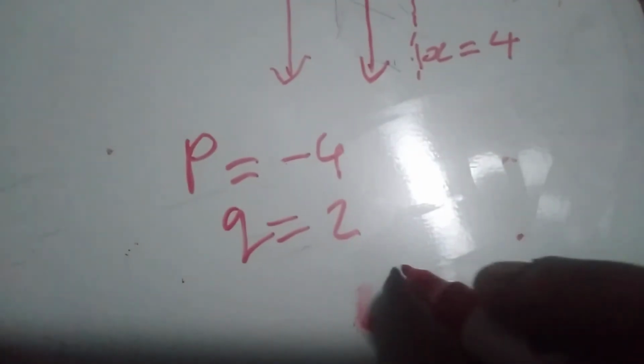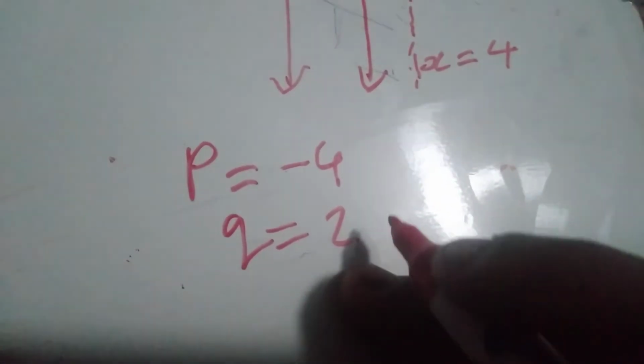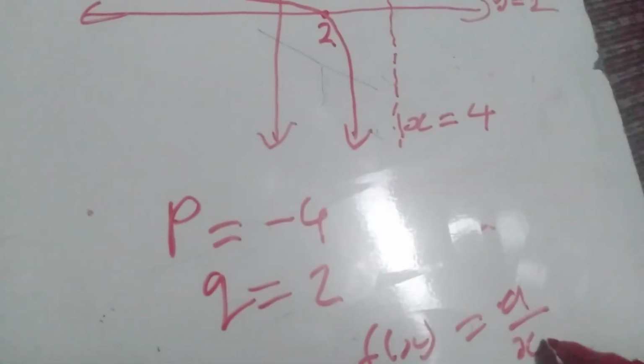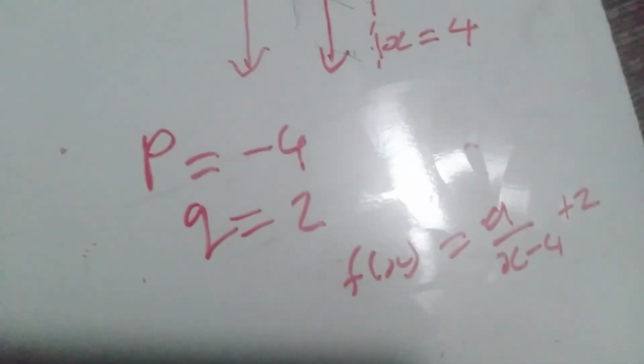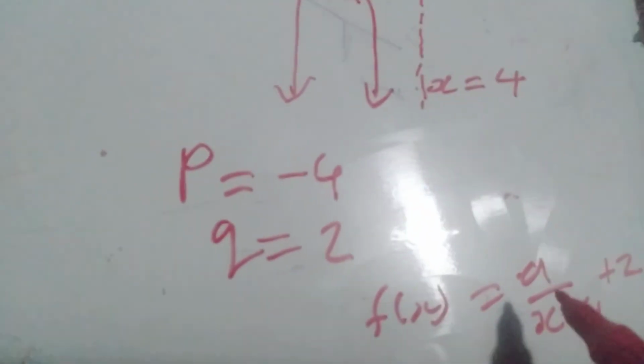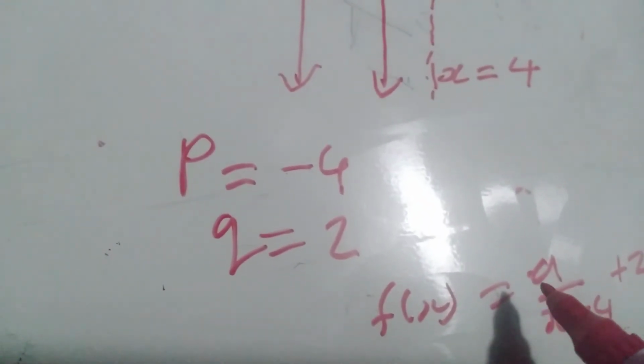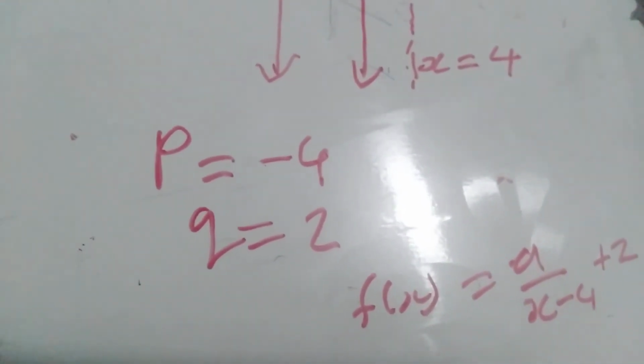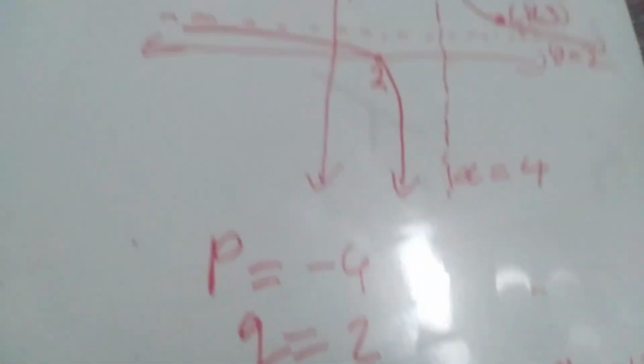So far we have f of x is equals to a over x minus 4 plus 2. So we have to find a. Whenever there's one unknown, it's always easy to find it. Sometimes I can actually give you this as a question and say find a. Whenever we have one unknown, all we have to do is to just substitute a point.